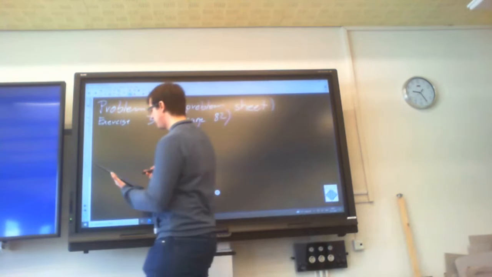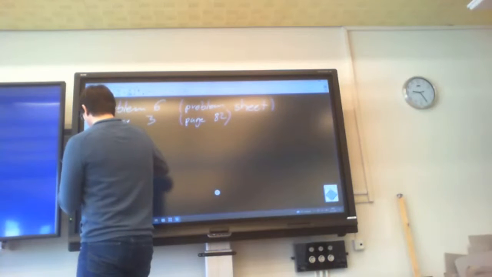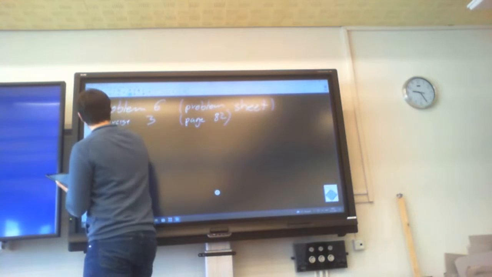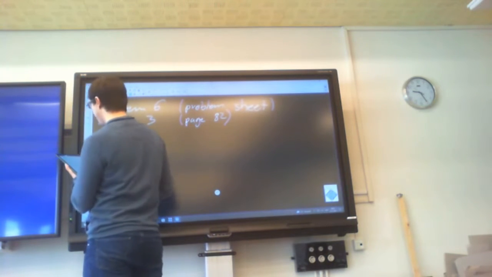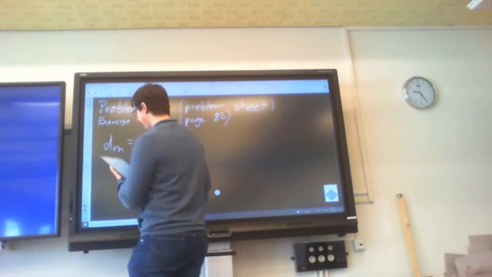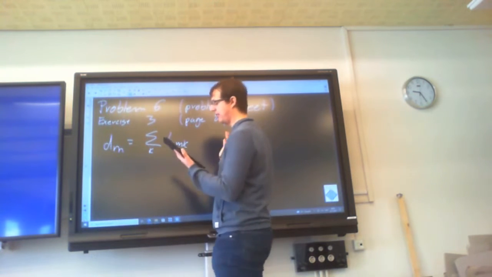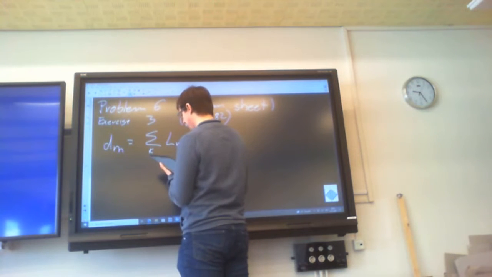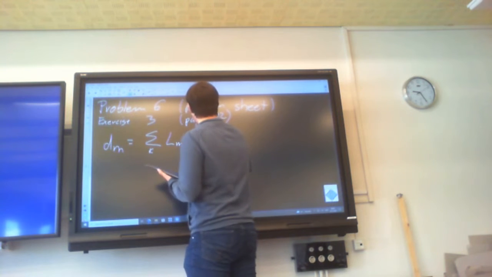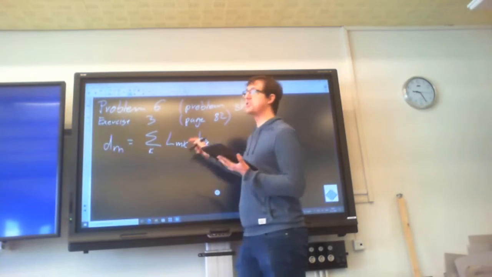So what we're interested in is a different bosonic operator, let's call it D_n, which can be written as a sum of some coefficients L_nk, which are numbers, coming from a set of bosonic operators b_k.